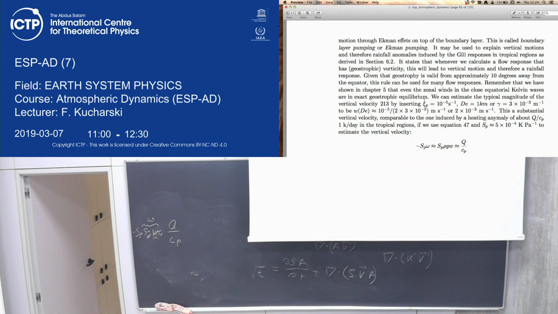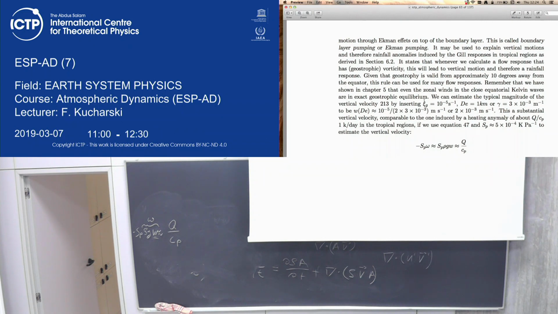Then, if we use typical stability parameters for the atmosphere, that would give us a vertical velocity that is very much the same as the one that we can calculate by inserting some kind of typical vorticity in the atmosphere with the typical boundary layer depths and the resulting typical gamma coefficient, which would be 2 times 10 to the minus 3 meter per second.